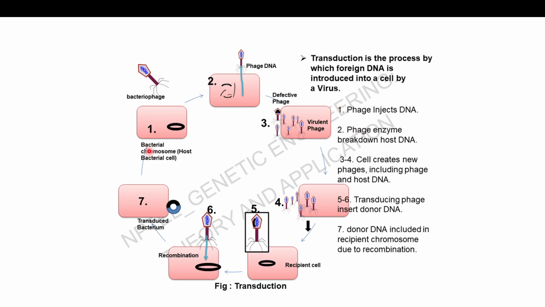What happens here is the phage injects DNA, then the phage enzyme breaks down the host DNA, and then the cell creates new phages, including the phage and the host DNA. The transducing phage can insert the donor DNA as well. Here, the donor DNA is included in the recipient cell's chromosome due to recombination. Okay, this is another way, which is called transduction.